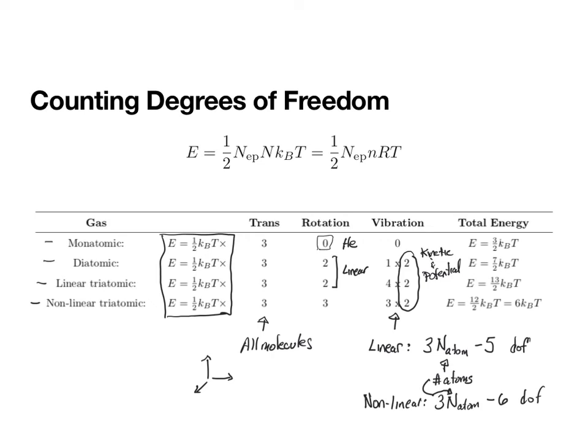To get our total, we're going to take our 1/2 kBT times the sum of our degrees of freedom for each type of motion, and it is going to be equal to this total energy expression.